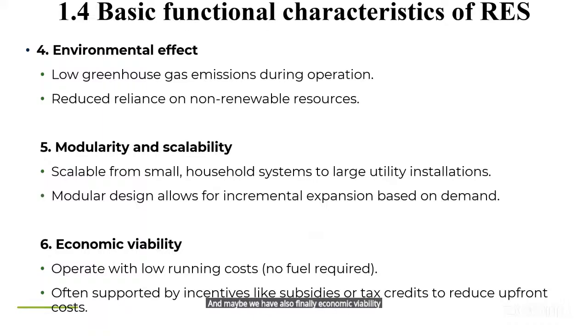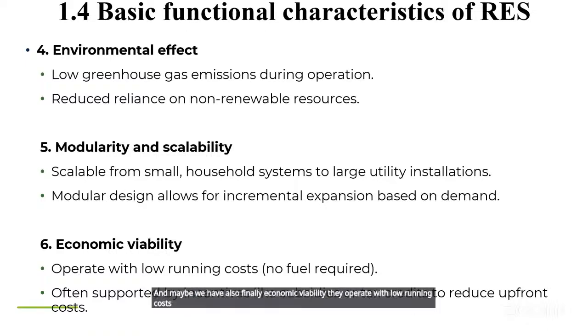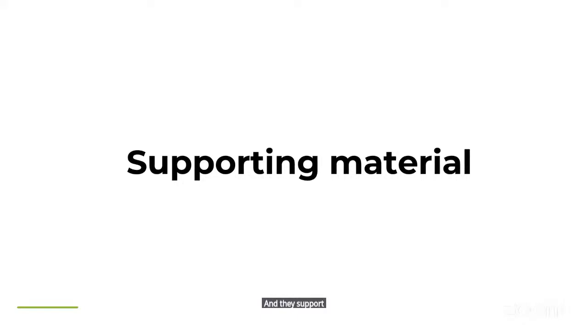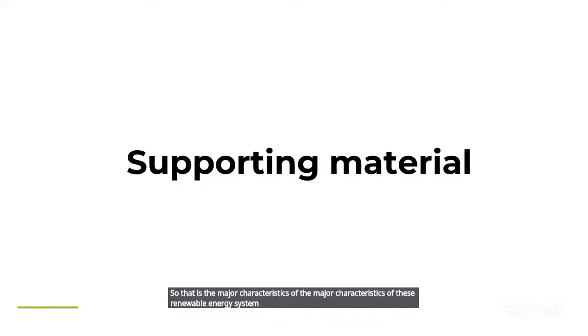They operate with low running costs, and they don't need fuel to power them. Often they are supported by incentives like subsidies or tax reduction. So that is the major characteristics of this renewable energy system, and it takes us to module 2.